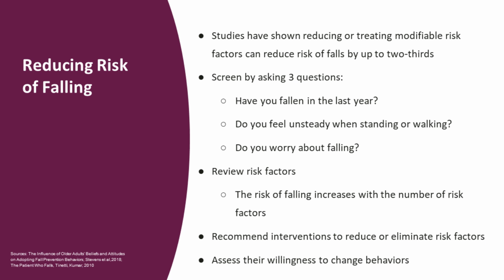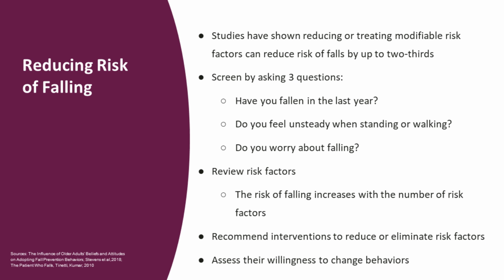And again, we know the more of these risk factors a person has, the more of a risk they have for falling. So as we went through the intrinsic, extrinsic, and behavioral risk factors, if a person is checking a lot of those boxes, wow, they might have a higher risk of falling than others.